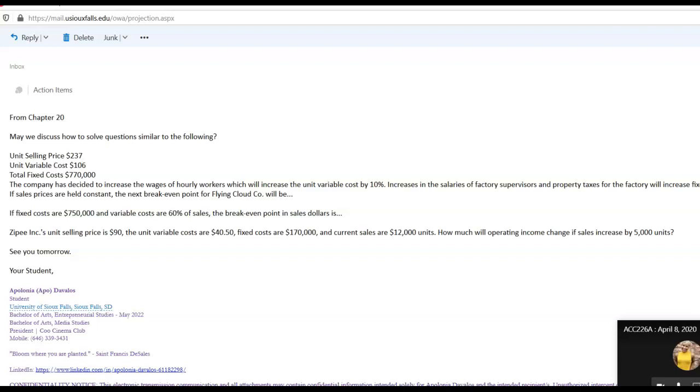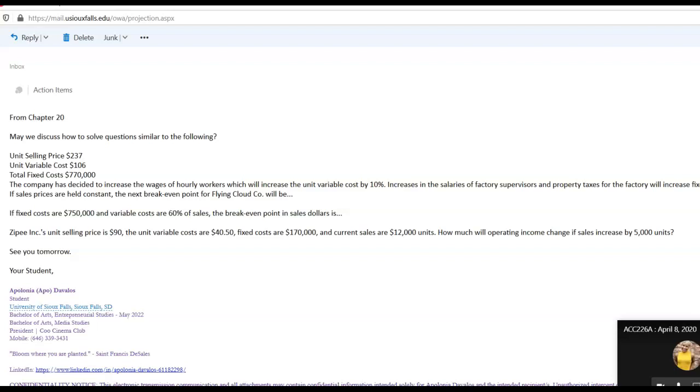Okay, the increase in salary. So before we move on, unit selling price. Let's get to contribution margin. Selling price 237, less variable costs. Let's not put in 106. Let's put in the increase of 10%. So how do you get that increase? You take 106 times 1.10, which is 110% of what we have already.